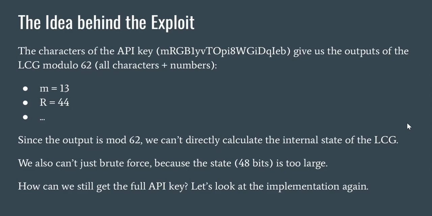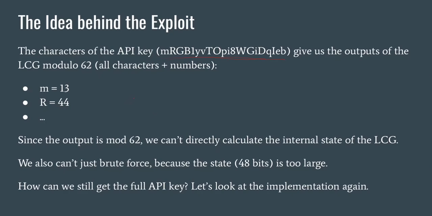Now imagine we are a customer, we get one API key, but of course we want to calculate all API keys of the other customers as well. So what we can do is, well, let's see, we get characters. If we request an API key, we get a 100 character long API key, something like this.